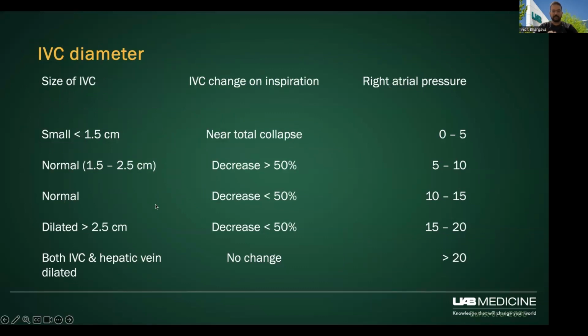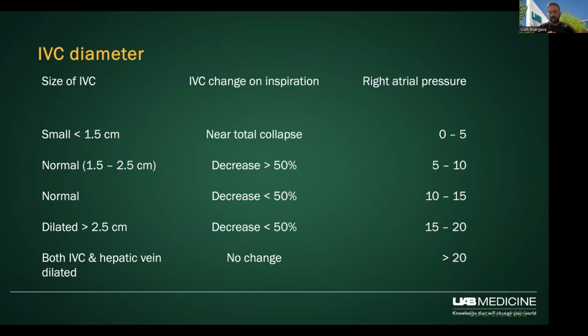IVC diameter. This is one of the original studies from where the use of IVC diameter for assessment and volume responsiveness came about. This was a study that was done in trauma patients that came to the trauma bay, more or less exclusively with hemorrhagic hypovolemic type of shock.